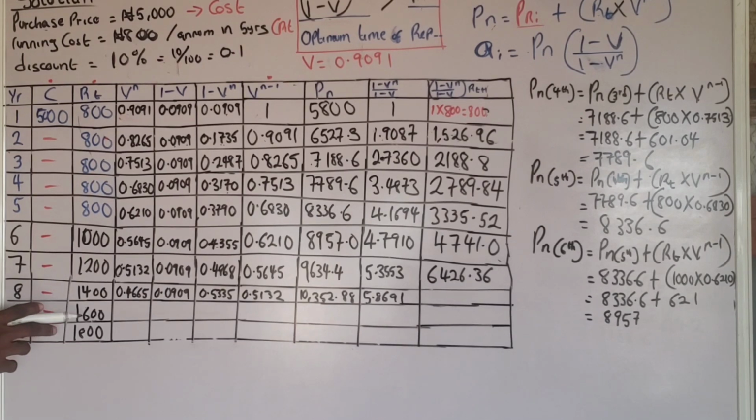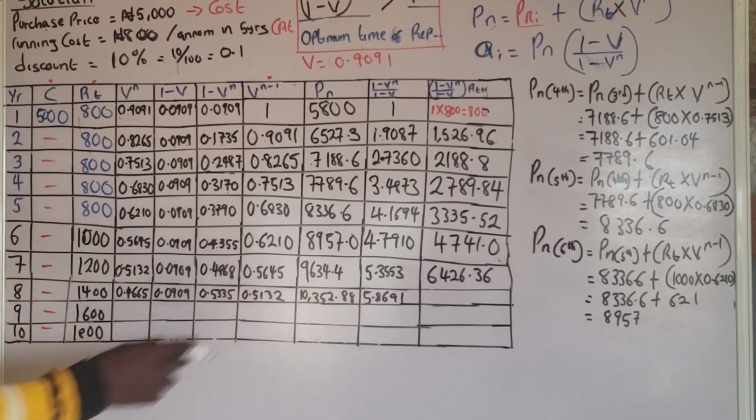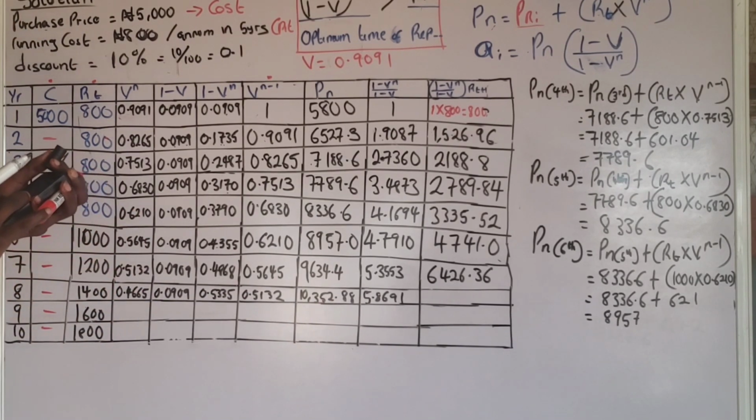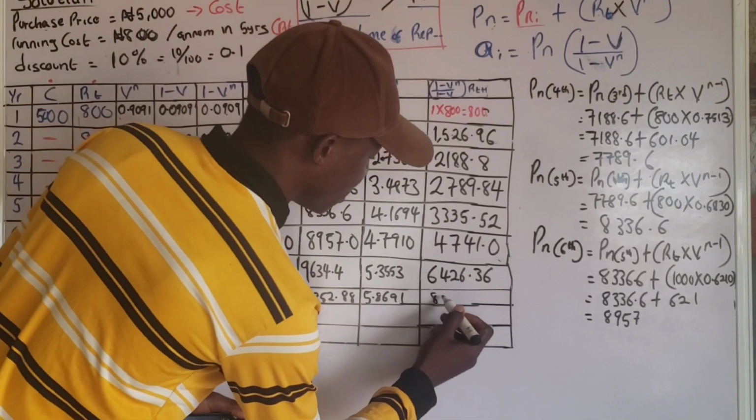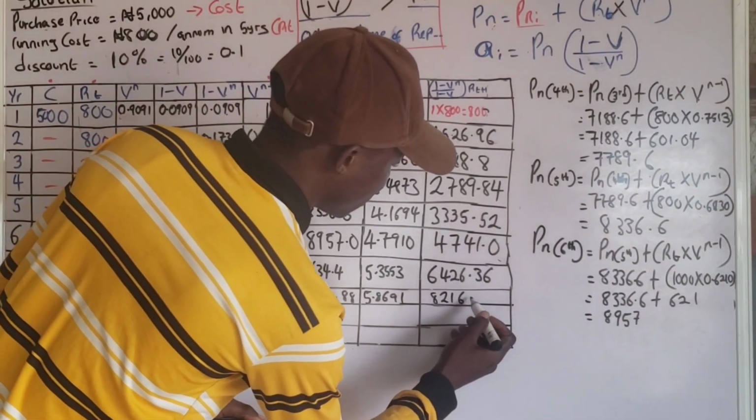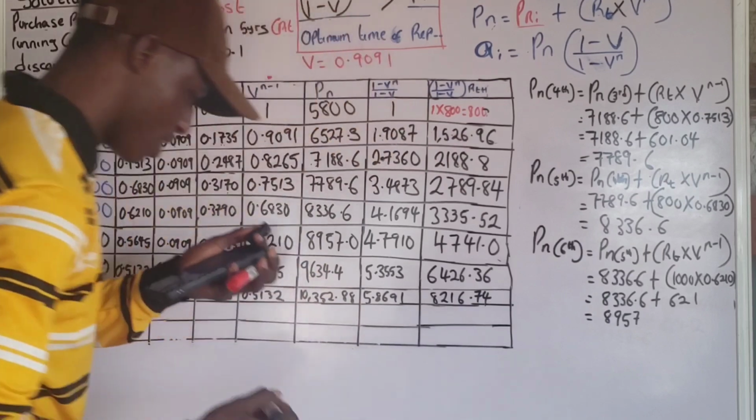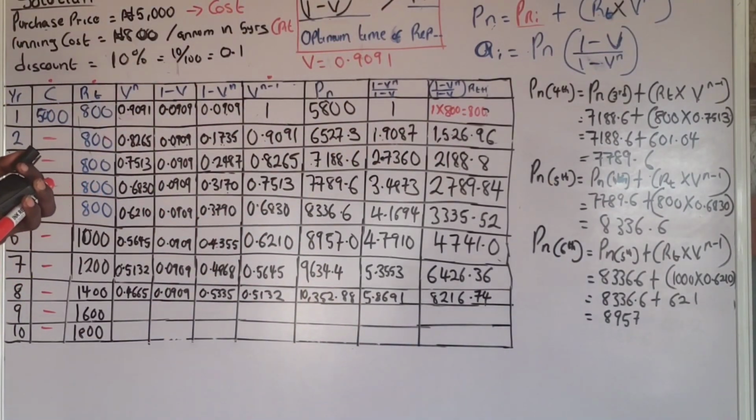So the running cost of the 9th year is 1,600. 5.8691 multiplied by 1,600 is 8,216.74. Okay, now let's proceed to the 9th year.